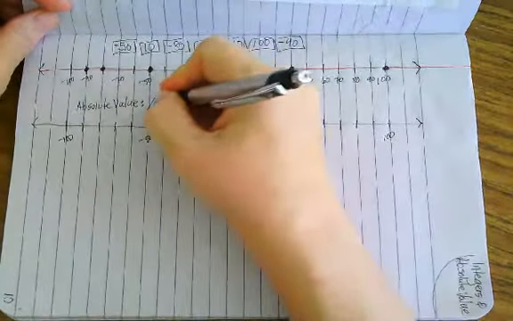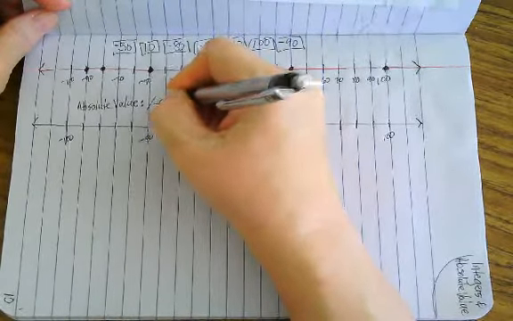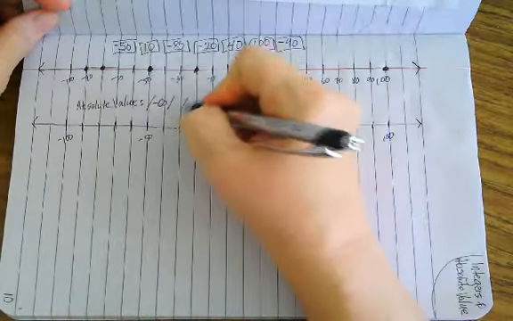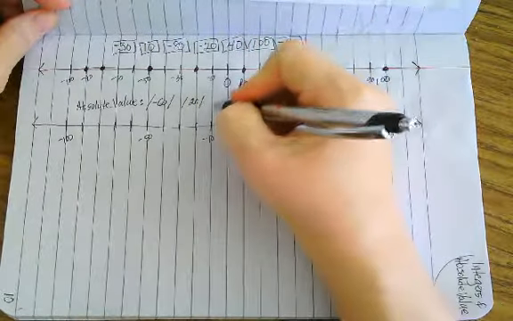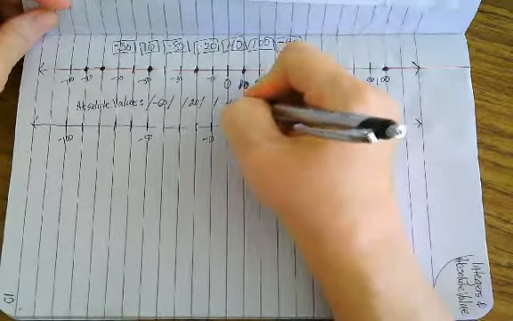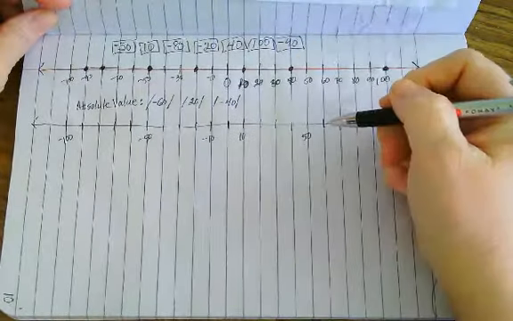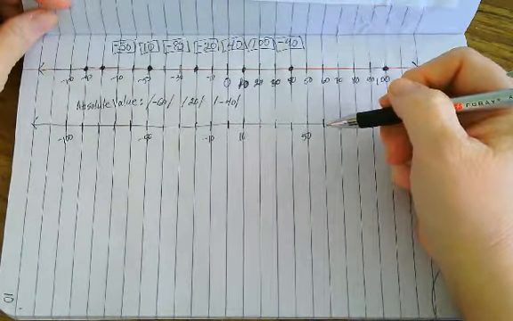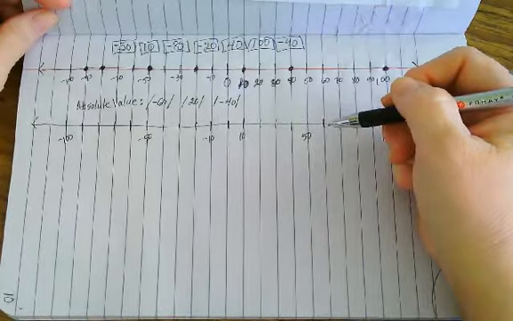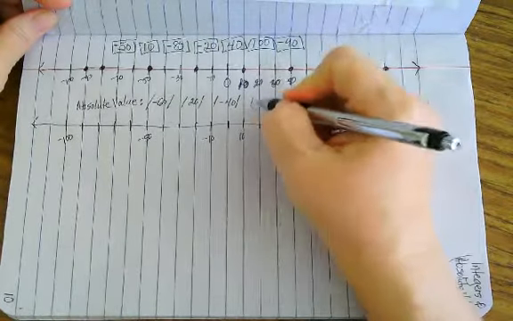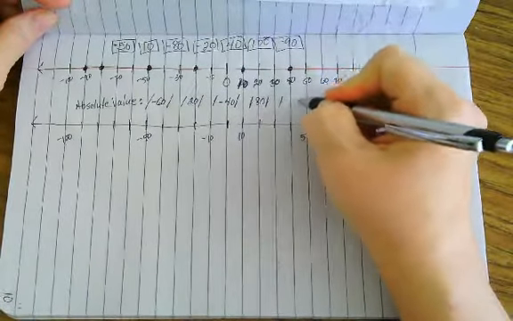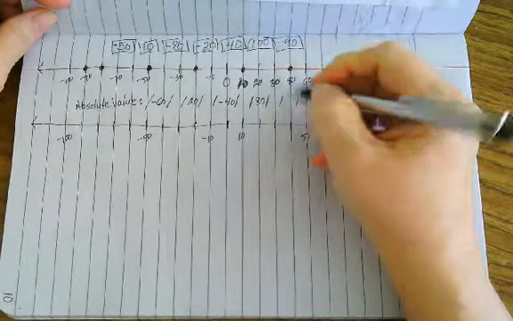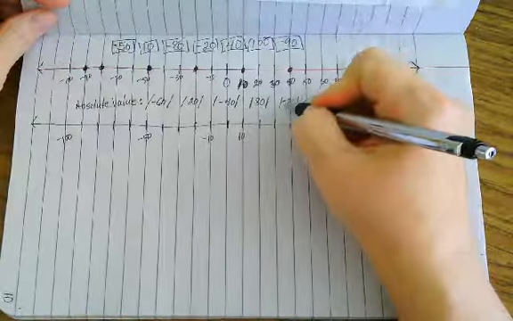So we're going to plot the absolute value of 60, the absolute value of 20, the absolute value of negative 40, the absolute value of 80, and the absolute value of negative 30.